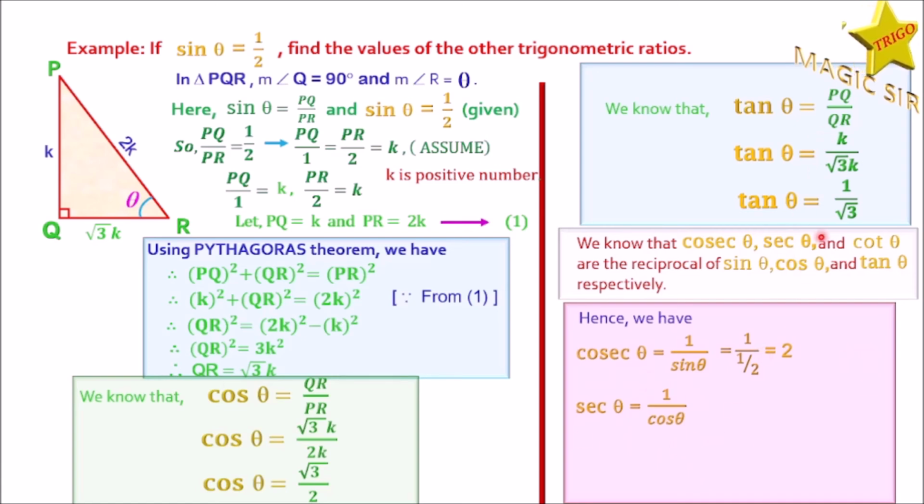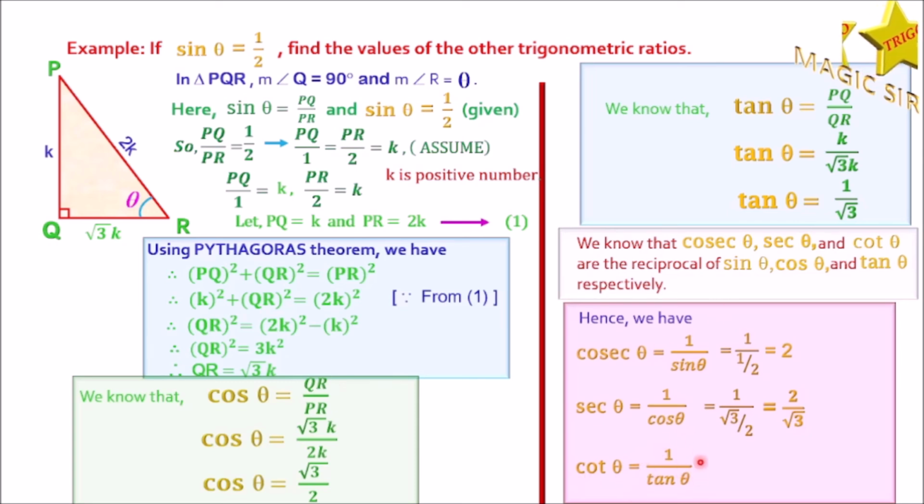Second, sec theta equal to 1 upon cos theta and cos theta equal to root 3 by 2 we have found. So sec theta equal to 1 upon root 3 by 2. This can be simplified to 2 upon root 3. So sec theta equal to 2 upon root 3.